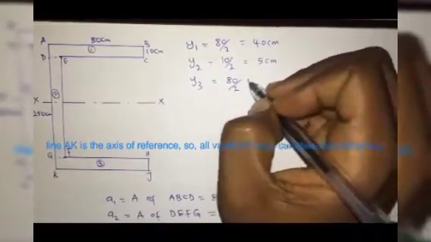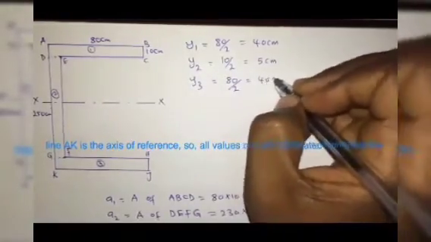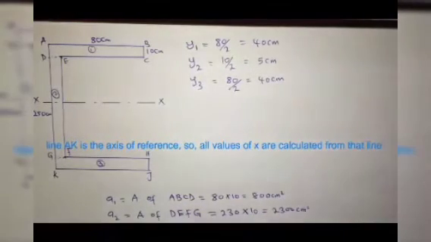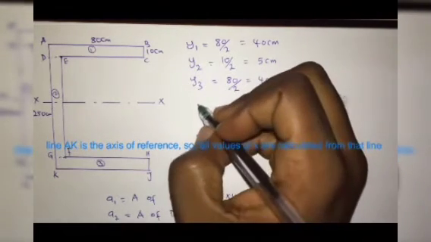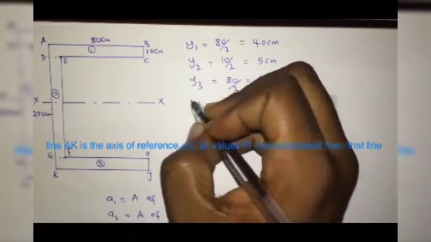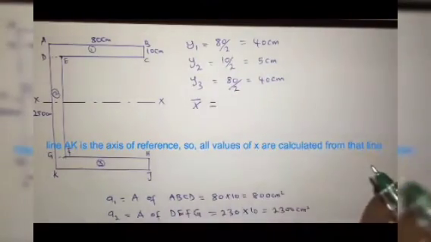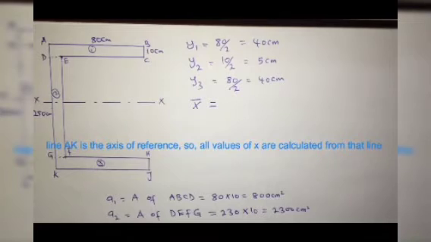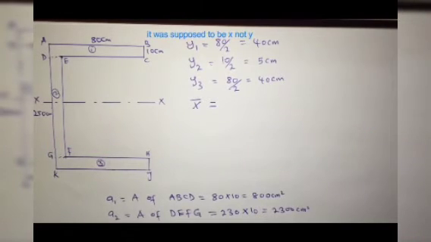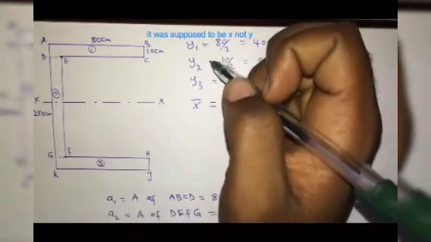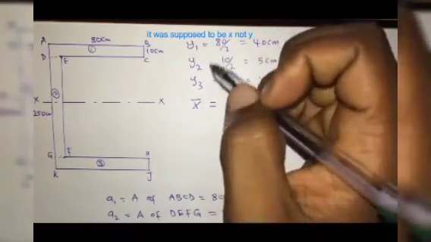So we have 80 over 2, because from A to B is 80 centimeters. So you are starting from AD to BC, which is 80 over 2, we have 40 centimeters.